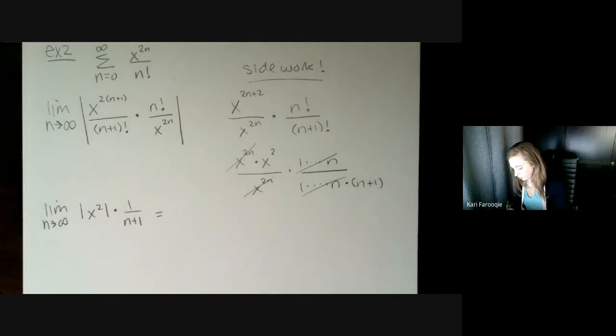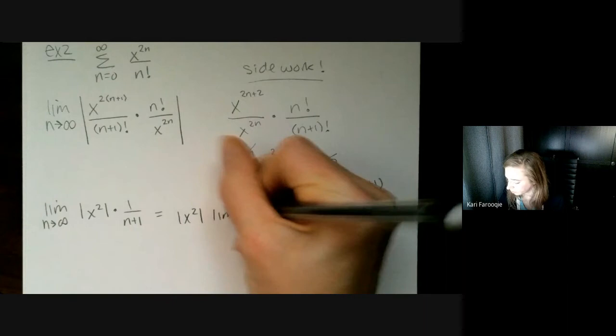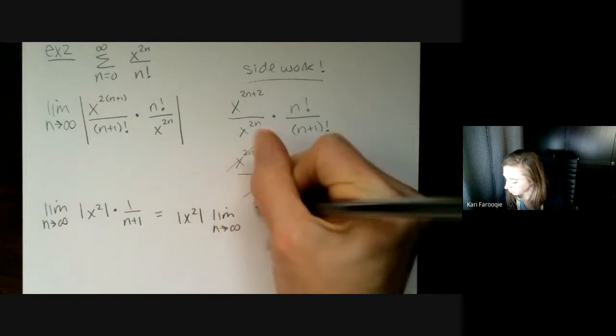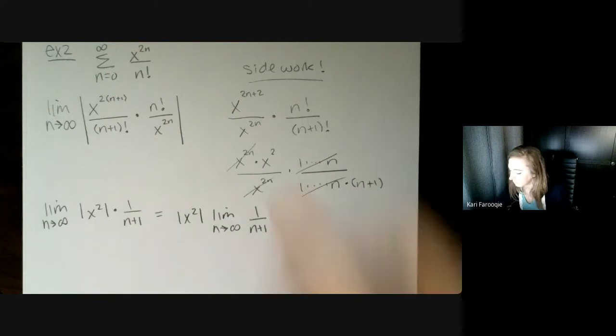We'll hold on to them for a minute. I mean, it's not going to hurt anything. It's just redundancy. You can pull that out as a constant if you'd like. You don't have to. As you look at this limit as n approaches infinity, note that the actual value of the expression is going to head to 0.